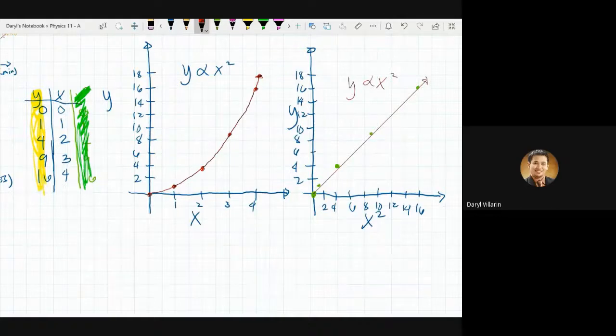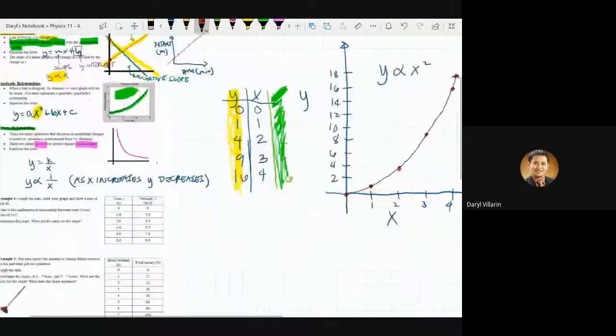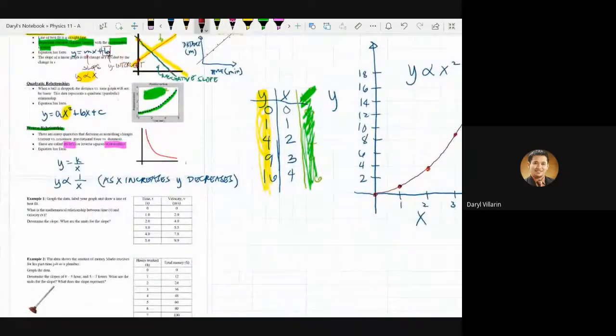That is why it becomes linear. Okay, so the meaning of this one is the same thing for the inverse function. That means that at first, if I graph y versus x, I'll get this graph here. But if I graph the reciprocal of x against y, again, the same value of y, I'm just changing the value of x into 1 over x, I should get a straight line.